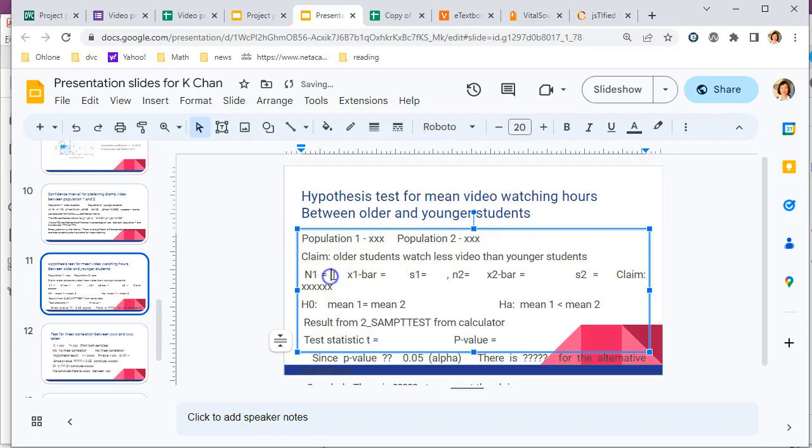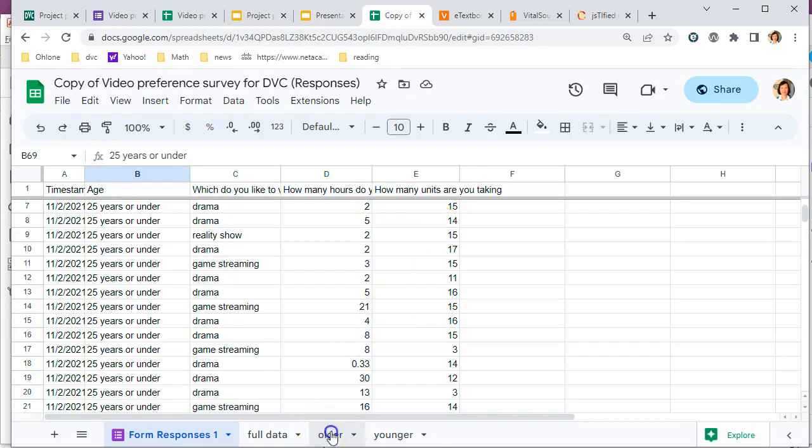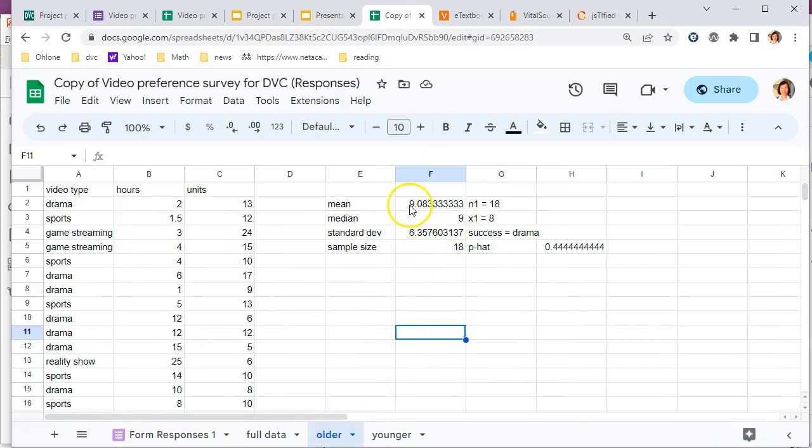And then I record all the data that I collected. So mean is 9.0833.